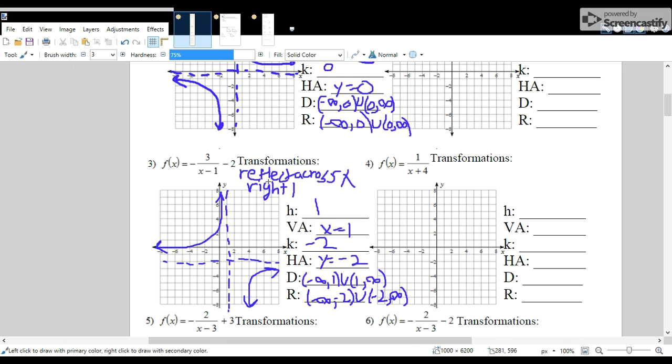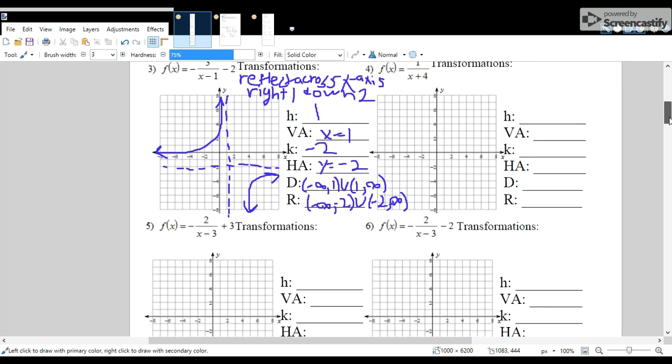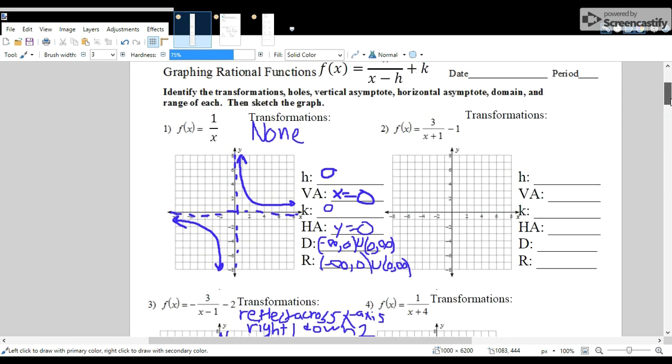And then there's a minus 2, so it went down. So reflect across x-axis, right 1 and down 2. Try the rest of the ones on this page yourself.